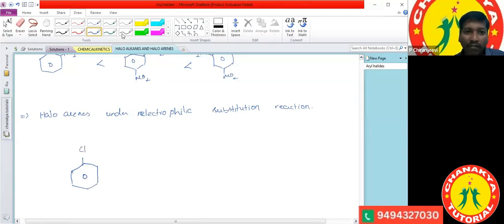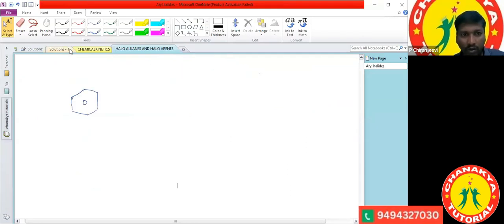So I'm taking chlorobenzene. If the chlorobenzene is treated with chlorine in presence of AlCl3, we have to take AlCl3 as a catalyst.